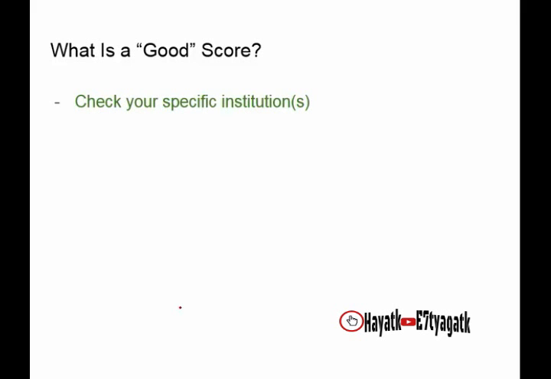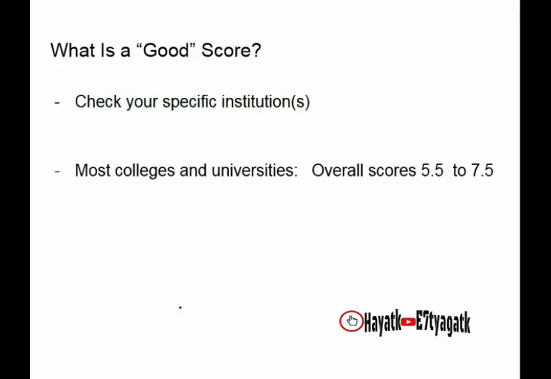So check your specific institutions. That's very, very important. But if we're looking at colleges and universities, we could say a score of 5.5 to 7.5 is usually considered a good score, and most academic institutions will set their minimum scores somewhere in that range.